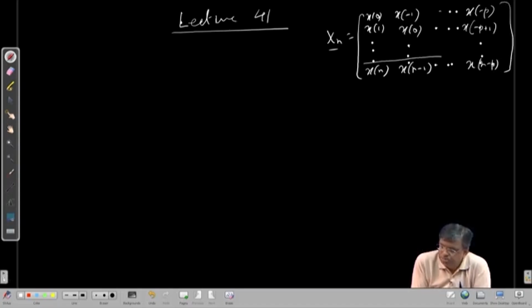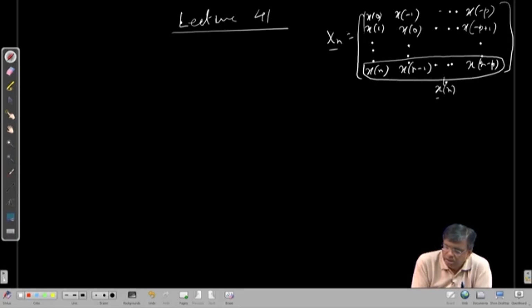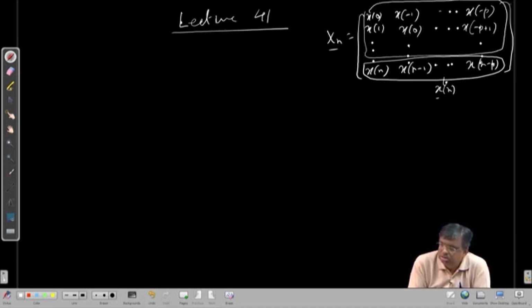So, this vector we wrote as x n transpose, and this part was x n minus 1. So, it is basically x n minus 1 and x transpose n.